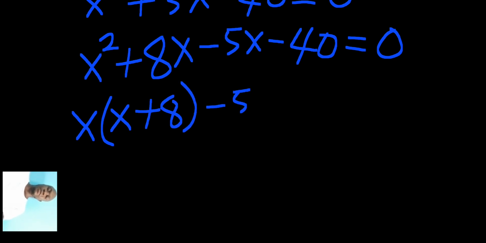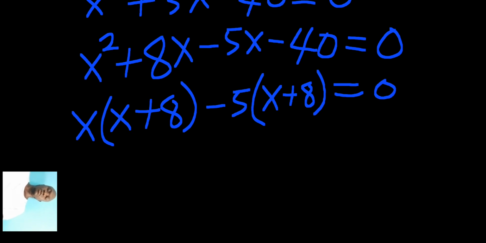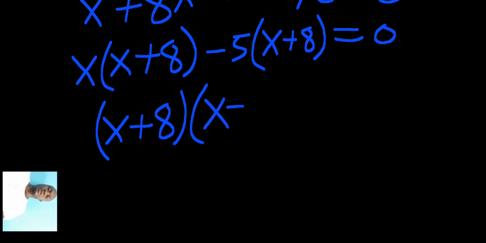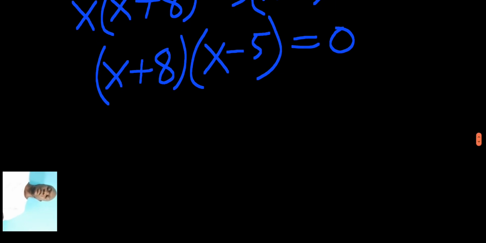Negative 5 is common here, so I'll factor negative 5 out: s plus 8 in the bracket equals 0. So I'll have s plus 8 in one bracket and s minus 5 in another bracket, all equal to 0. Solve it separately.